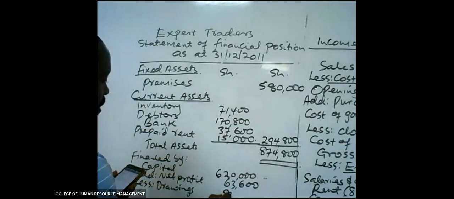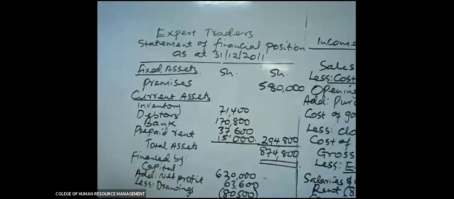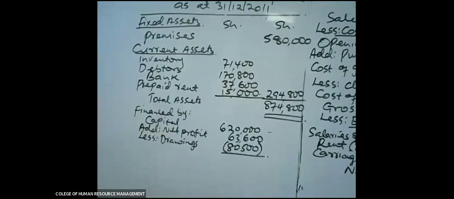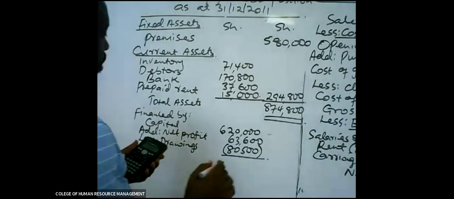Yes, 8,500. It's 620,000 plus 63,600 minus 8,500. You get 603,100.